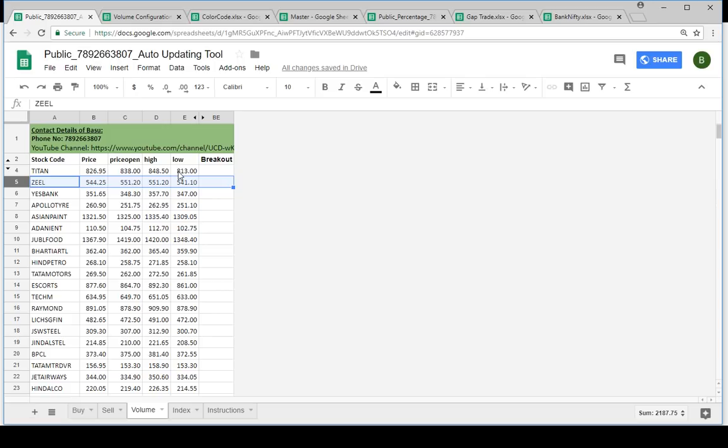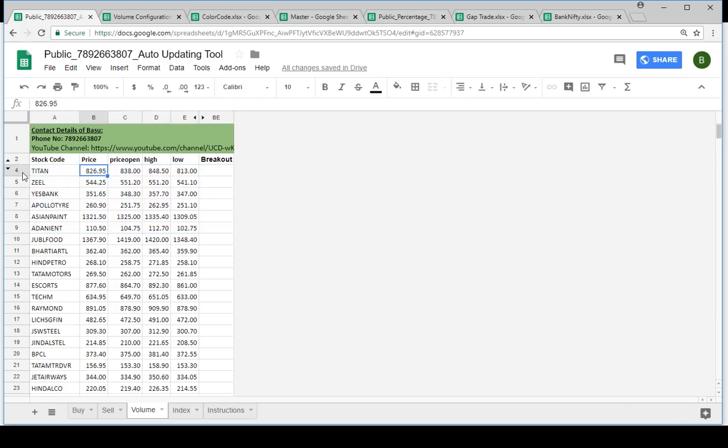So once you are seeing the sheet around 10 o'clock in the morning, you need to check the first 45 minutes of the trend of the top stocks here, whether it is Titan, Zeal, Yes Bank, or Apollo Tyres. Just take some 5 to 10 stocks, and out of that, check the first 45 minutes trend. If the trend is positive in those 45 minutes, go ahead and buy it. Similarly, if the trend is negative, go ahead and sell it.